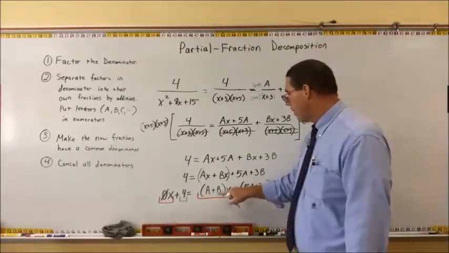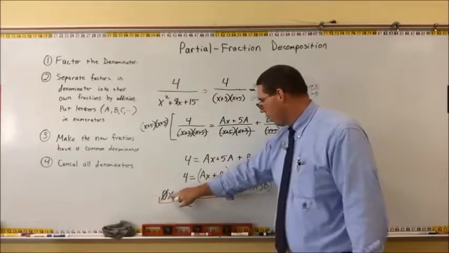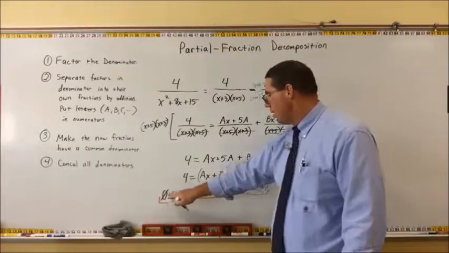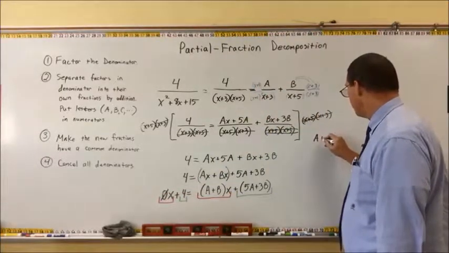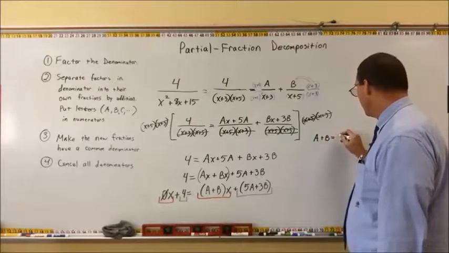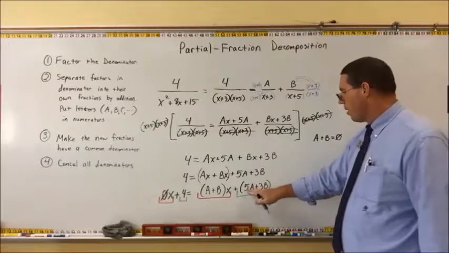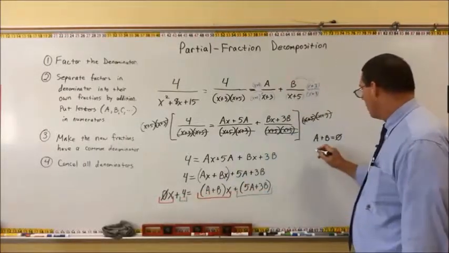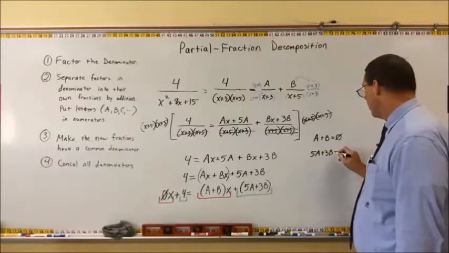Okay? Or better yet, we can ignore this x and this x because they both have x's, and say that a plus b is equal to 0. And then lastly, we can say that 5a plus 3b is equal to 4.